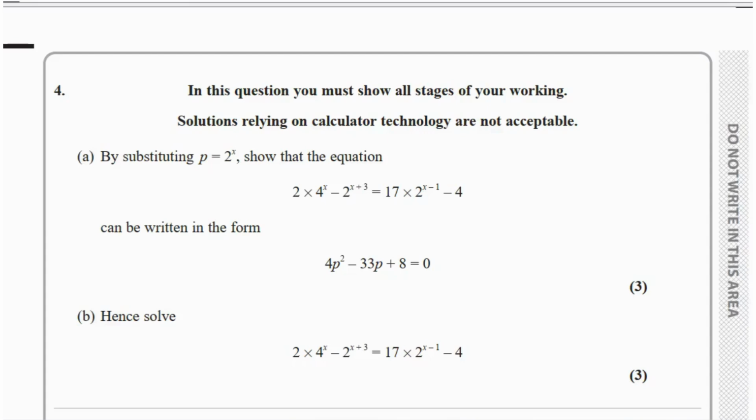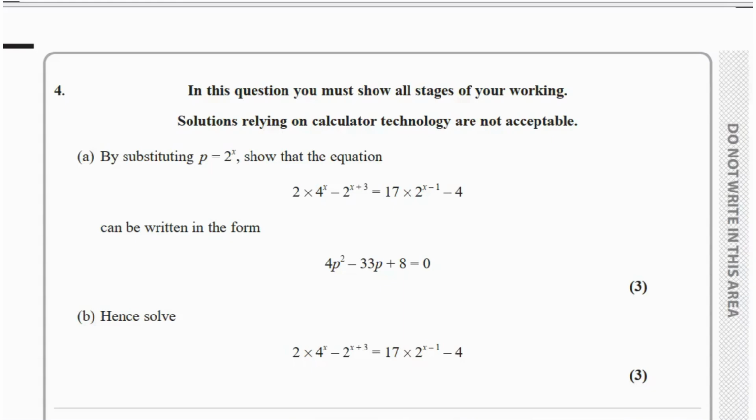So this is again similar to, if you remember your indices questions, the harder ones. You have to convert it into the same prime factor base first. That's the first step. And then you have to substitute p in the equation somehow, because p is 2 to the power of x.